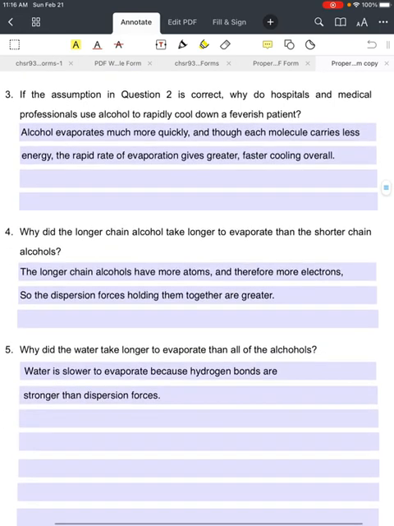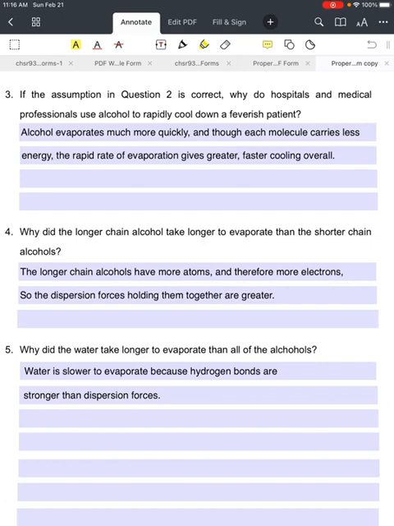And why did water take longer to evaporate than all of the alcohols? Well, you know that. Water is slower to evaporate because those hydrogen bonds individually are weak, but collectively are quite strong, and they're much stronger than dispersion forces.